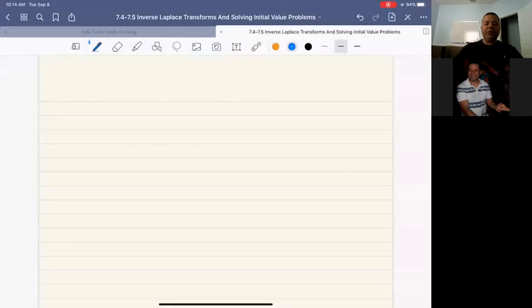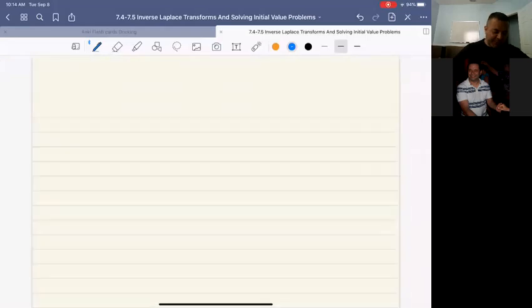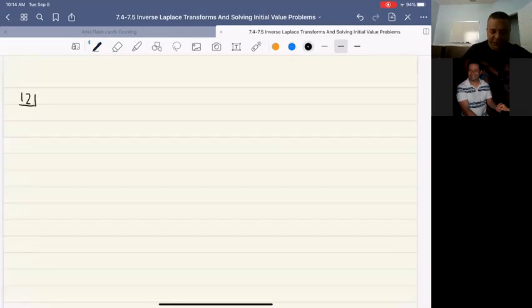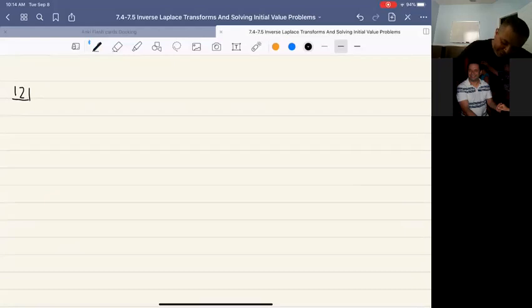All right, welcome. We're at the next problem. Let's take this problem, number 12 in the textbook. Again, we're going to solve it with Laplace transforms, and it's w prime minus 2w prime... I wrote double prime there, but it should be prime, plus w equals 6t minus 2.